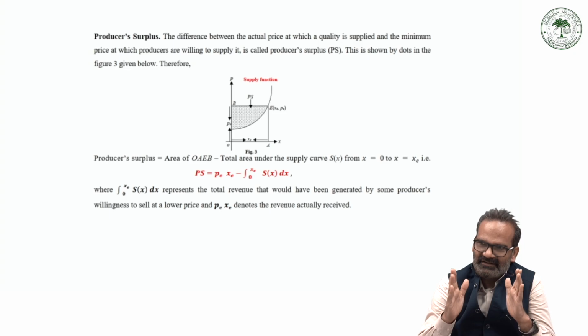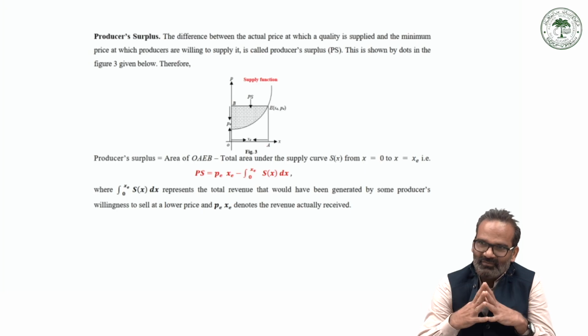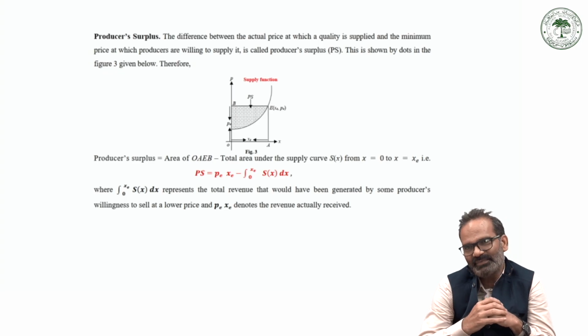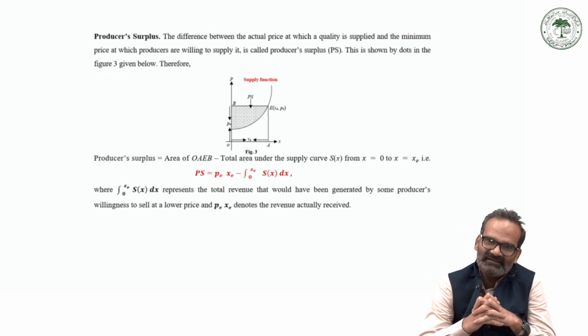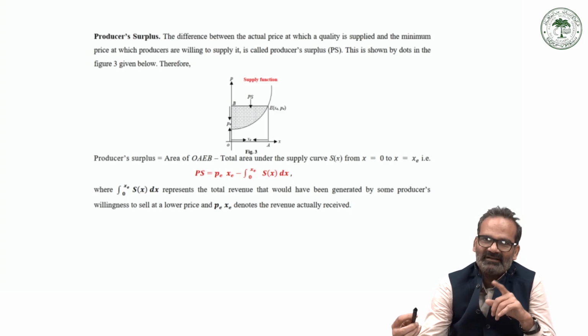He is willing to sell the product for rupees 10. And the market fixes the price of the same product at 15 rupees. So 15 minus 10, that is 5 rupees, will be considered the producer surplus for a single product. Are you getting the point?